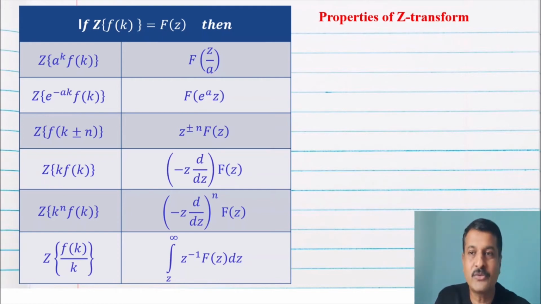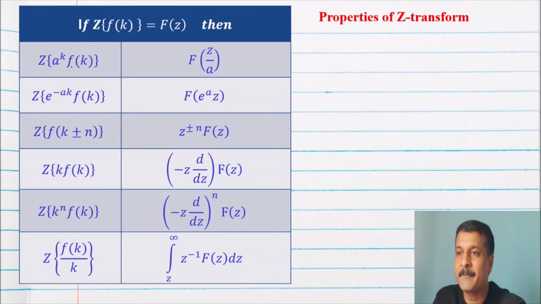Now I am going to consider examples using the properties of Z transform. So you recall all the properties of Z transform by using this table, and remember this table as it is. Here f of k is any sequence, and we know the Z transform of that.